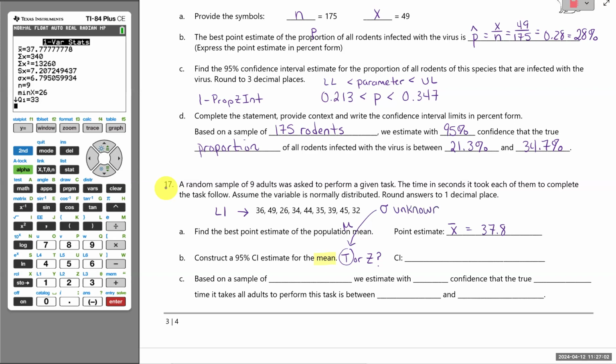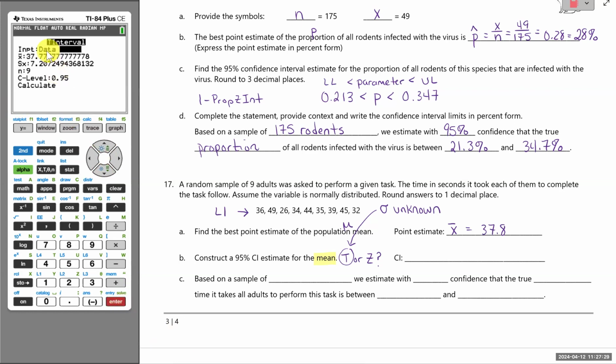So sigma is unknown. So we're going to know the sample standard deviation because we have the data, and I'll show you that value in a second. But the key is t if they don't give you sigma. All right, so let's go to our t interval. So stat tests, and then t interval.